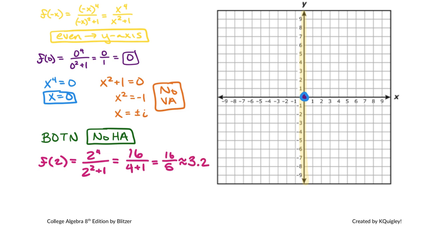So I know that I can plot the coordinate point (2, 3.2), and we're just going to do our best. Now again, we get lucky with this problem because there's symmetry. Since I know (2, 3.2) is a coordinate point, what's another coordinate point? (-2, 3.2). So if I plot those, that's a good amount of information to draw our rational function.